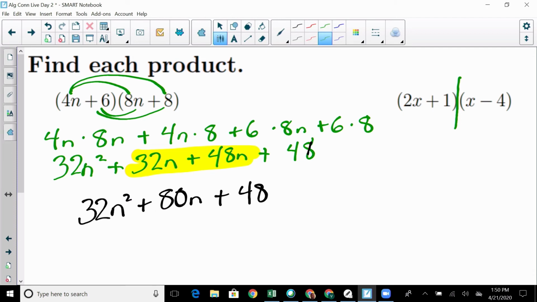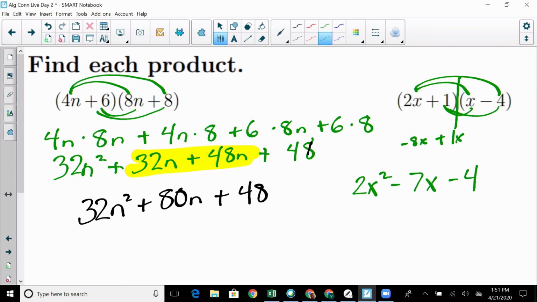So this is 2x squared minus 7x minus 4. If you follow that: 2x and x, 2x squared. 2x and negative 4, that's negative 8x. 1 and x is x, and 1 and negative 4 is negative 4. These are my like terms that will be combined. Negative 8 plus 1 is negative 7.